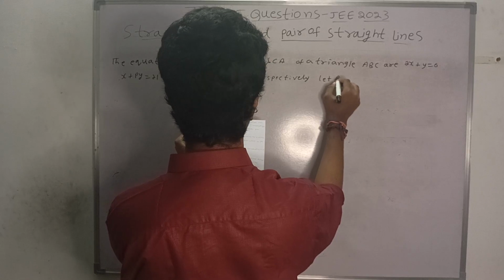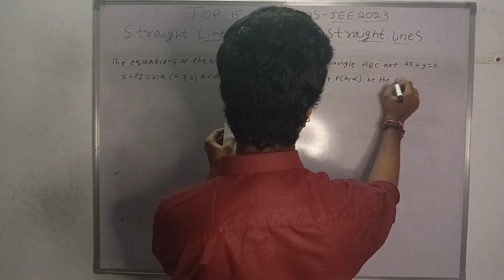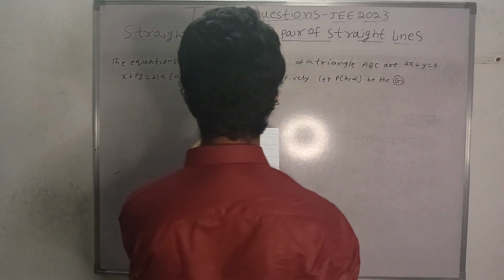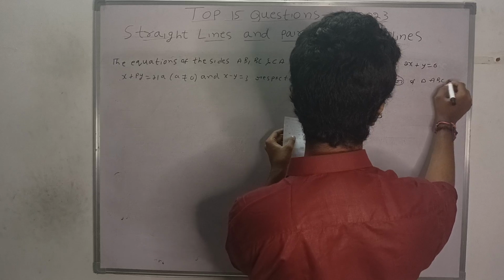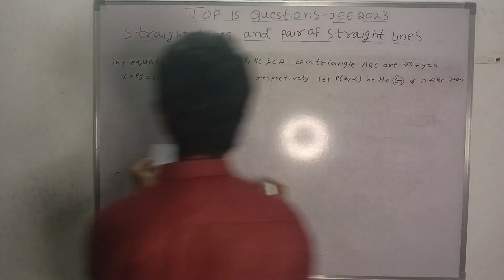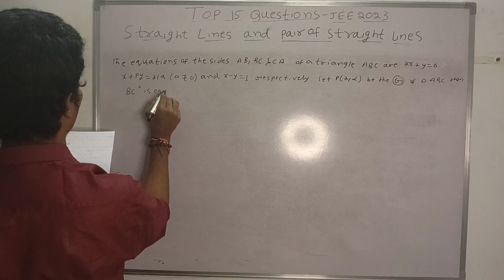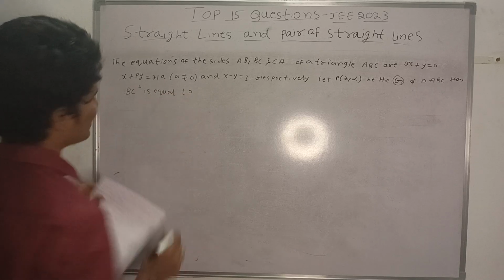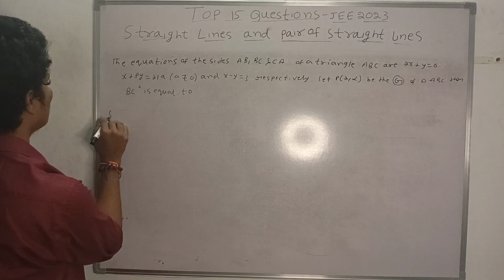Let (2, alpha) be the centroid of triangle ABC, then BC square is equal to. This is a question. Basically, this is a numeric type, so no options are given.